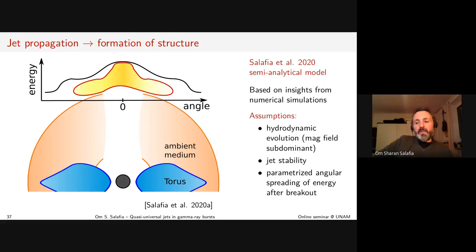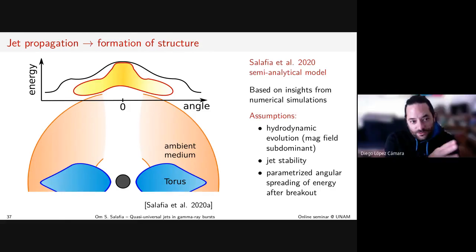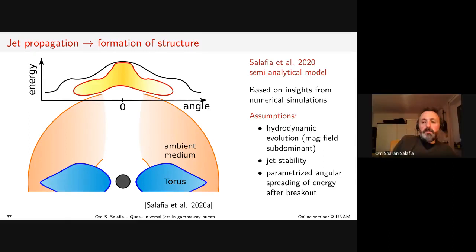If you do the computation, the maximum angle you can get to with the lateral expansion is 1/gamma. So if 1/gamma is smaller than the opening angle at breakout, then you just don't expand laterally. So you're saying it's still relativistic beaming? Not beaming, but the relativistic dynamics, yes.